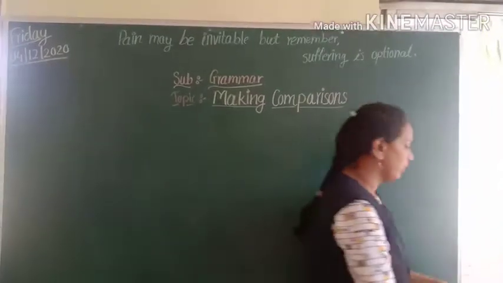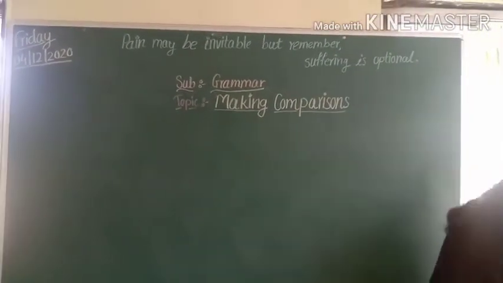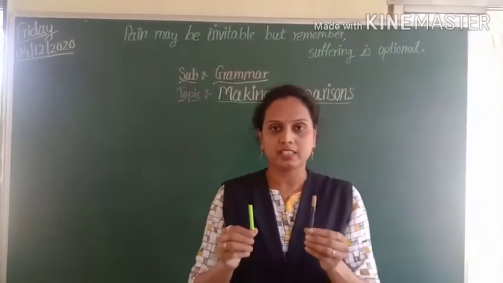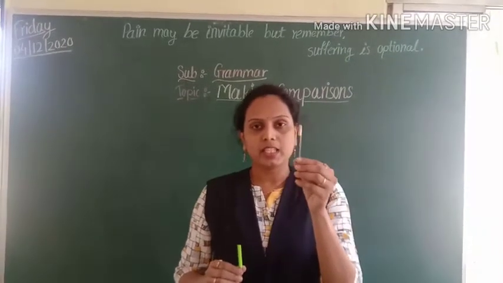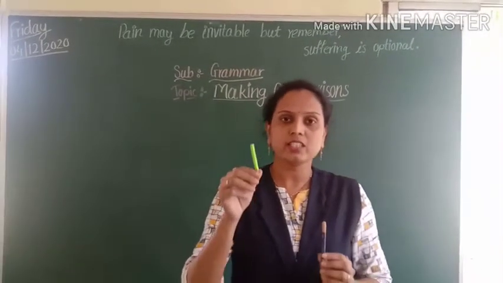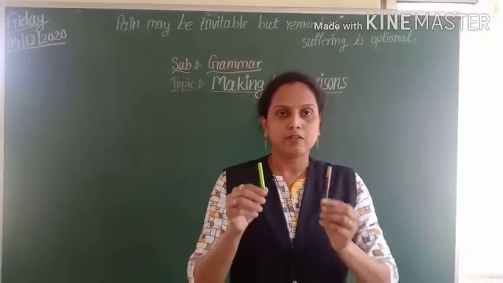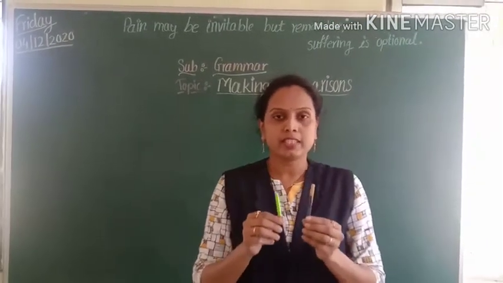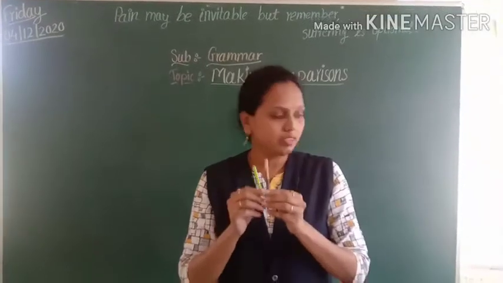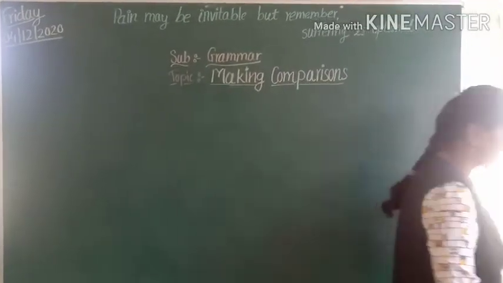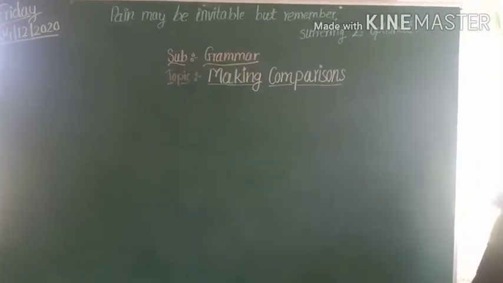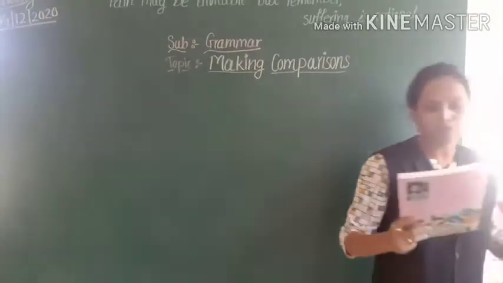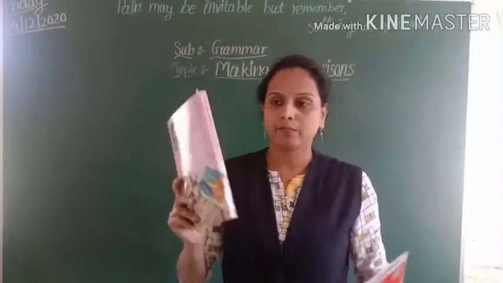Okay. See, now next I have two pencils. This pencil is long and this is a short pencil. When we think about both of the pencils, that is called comparison. Now see another example. I have two books.